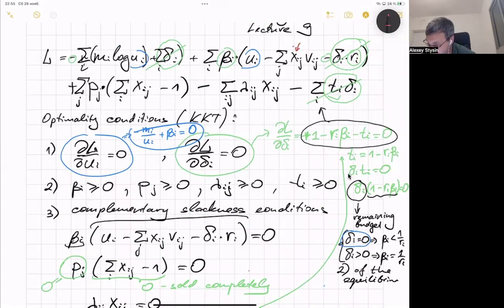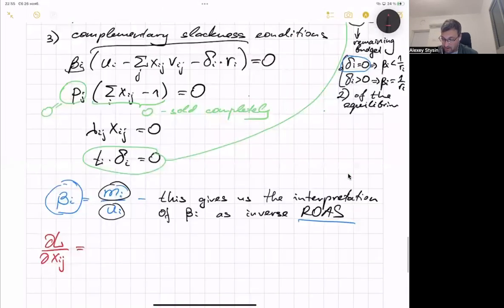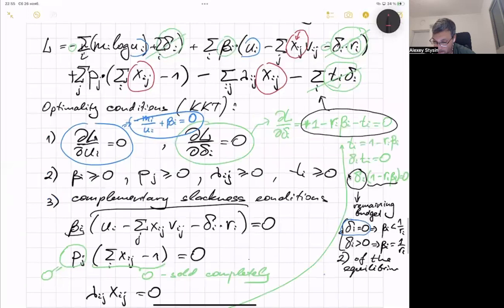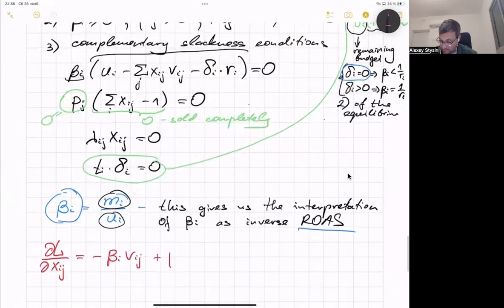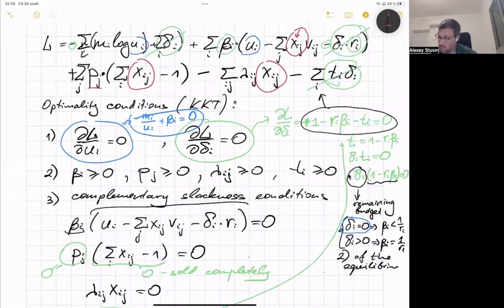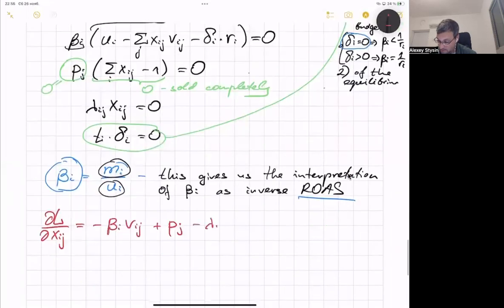So we have xij here, xij here, and xij here. So it's going to be minus beta i vij plus pj minus lambda ij. And this is equal to 0.